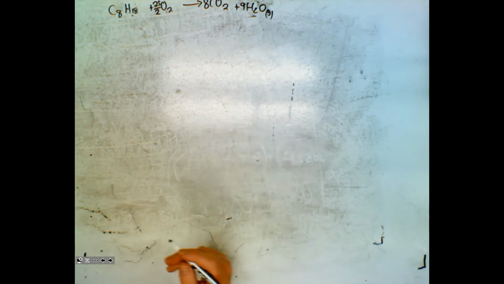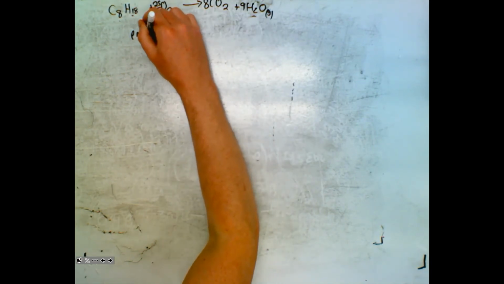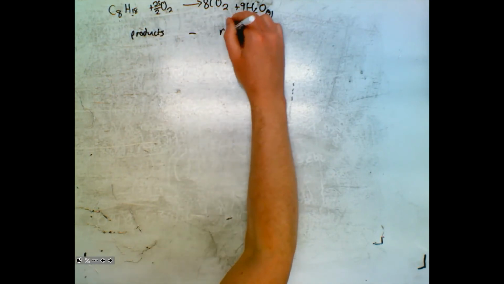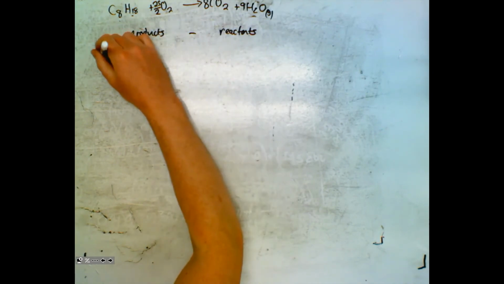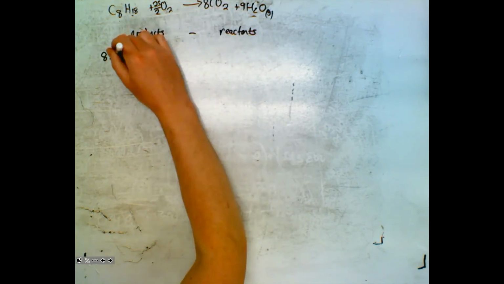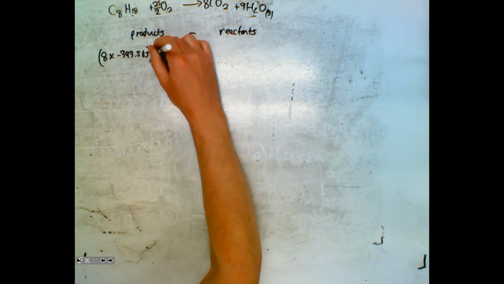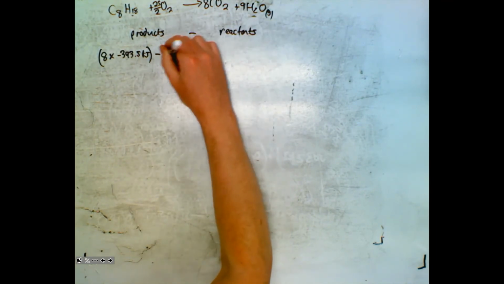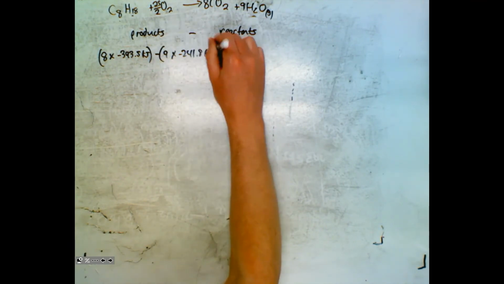Okay, so now we're ready to do Hess's law, which is products minus reactants. My products are 8 CO2, so negative 393.5 kilojoules, minus 9 times negative 241.8 kilojoules.